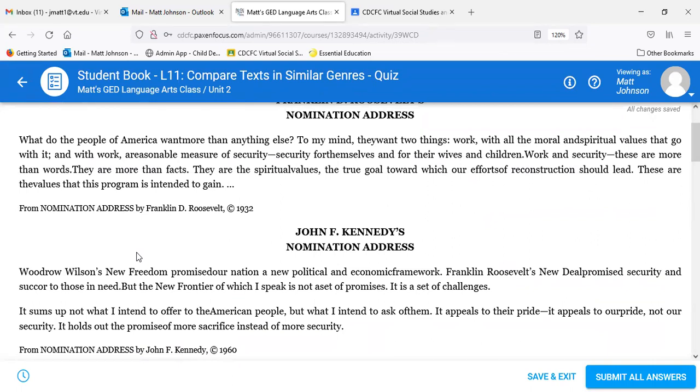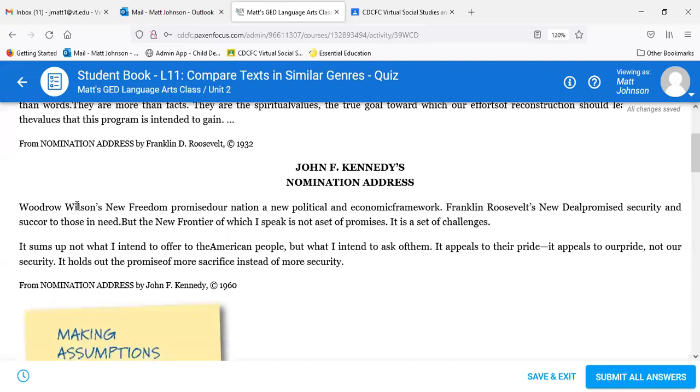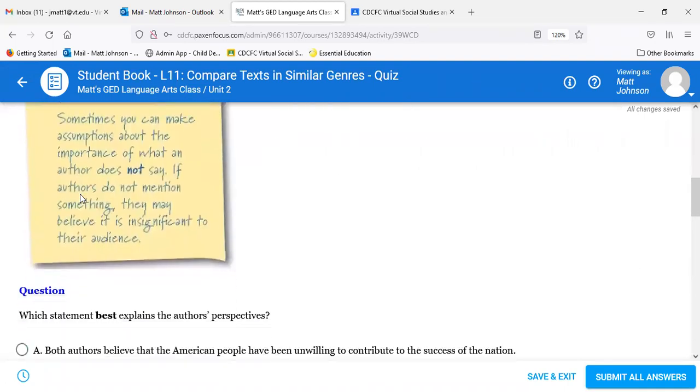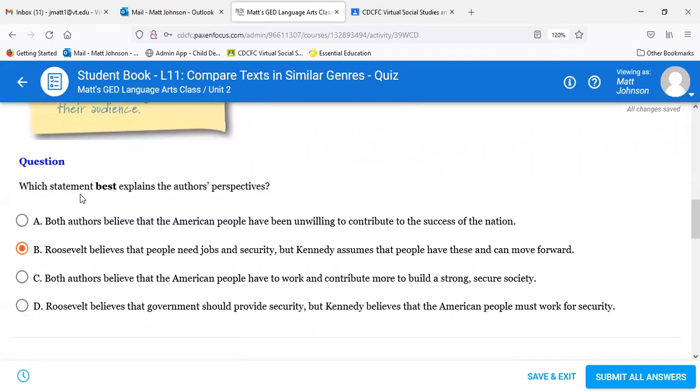Roosevelt's New Deal promised security and support to those in need. So those challenges have been met, is what he's saying there. Now there's a new frontier. We've secured these other things for our citizens. We need to look at moving forward, and that really explains their two perspectives.